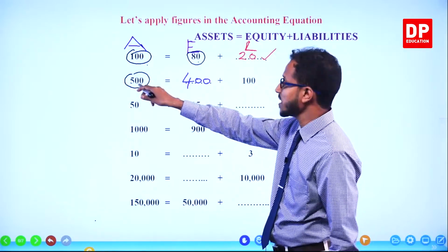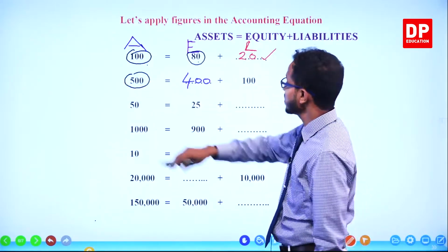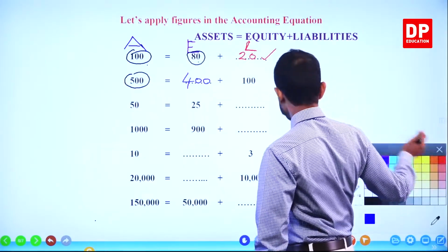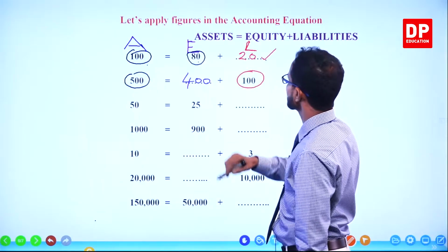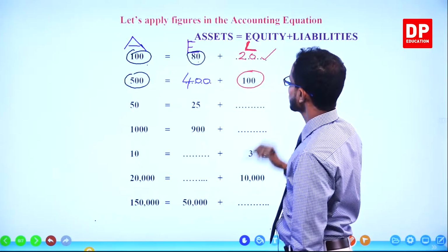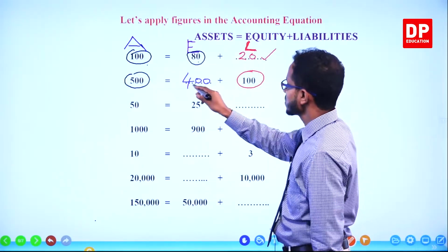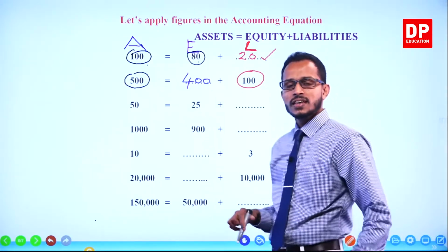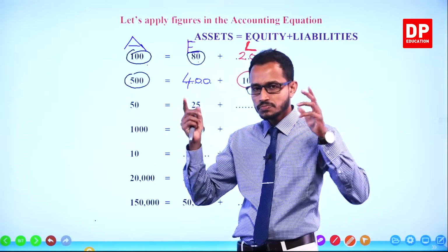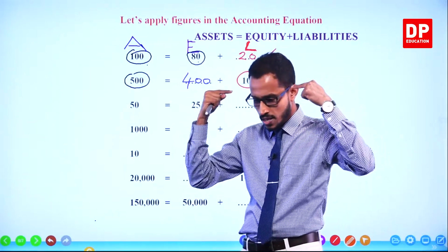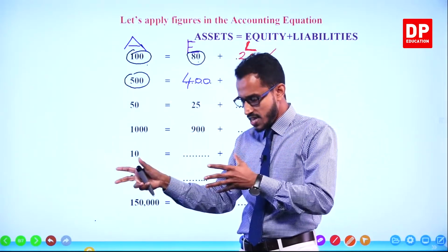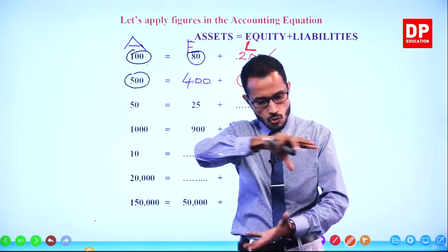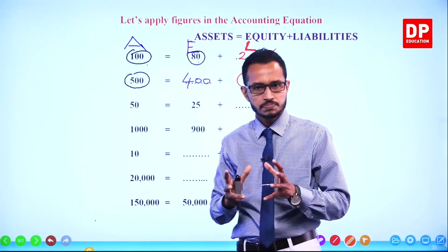500 of assets are there. Out of that 500, 100 of assets have been borrowed, which are liabilities. That means the remaining 400 is the equity. Remember, children, only equity and liabilities form assets.